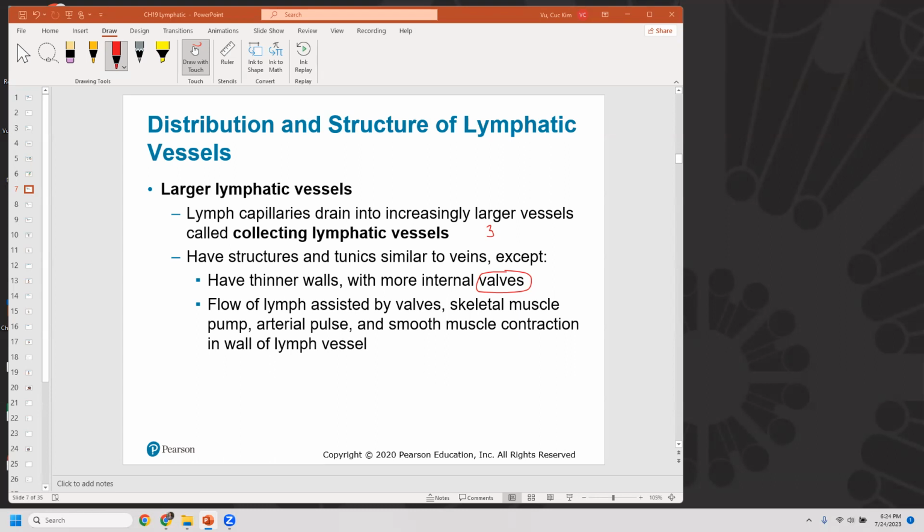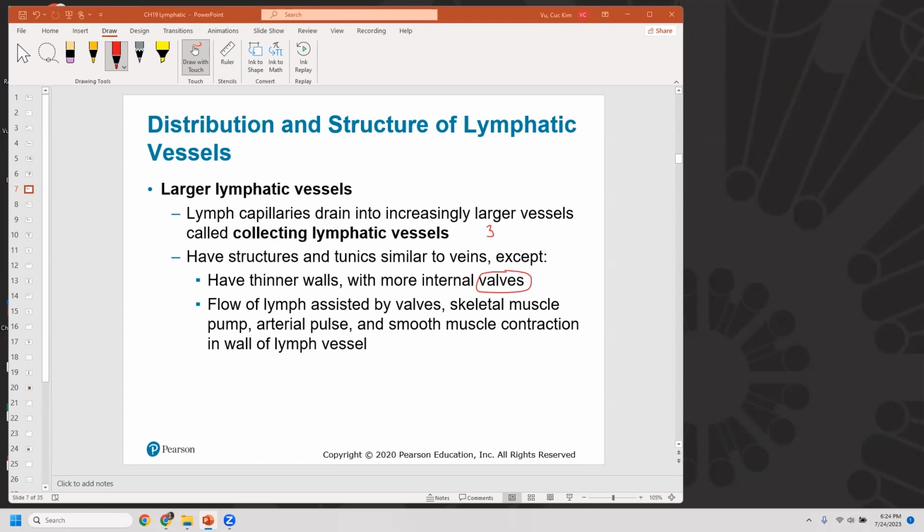So similar to that, the lymphatic vessels have to rely on certain functions that allow them to move the flow of lymph. Very similar to veins, they have the internal valves. They have lots more, okay? They also rely on skeletal muscle pump whenever your skeletal muscle contracts.